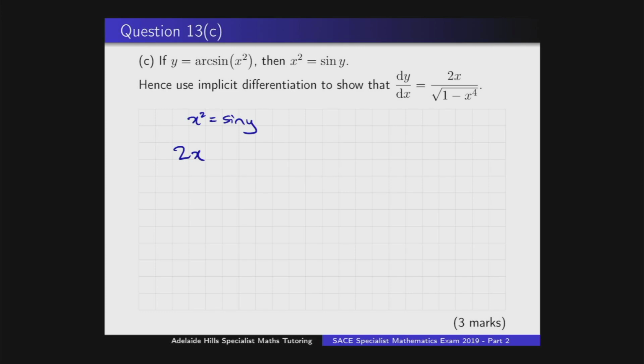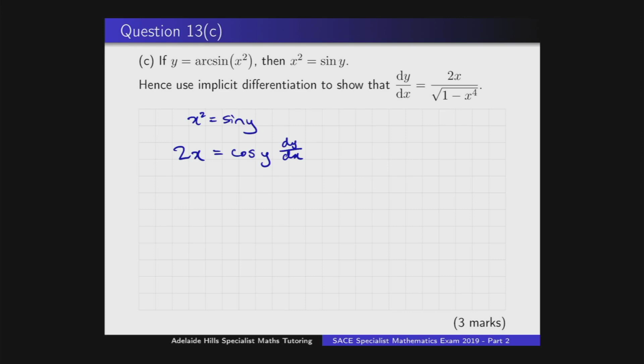That's just taking the derivative with respect to x. The right-hand side is a sine, so that becomes a cos of y. And because we've taken a derivative of something which has got a function of x inside, y is a function of x, and so we have to use the composite function rule. And when we do that, we need to multiply by dy dx. So that's just differentiating using the composite function rule on the right-hand side. And on the left-hand side, we've just differentiated with respect to x, just a straight polynomial term.